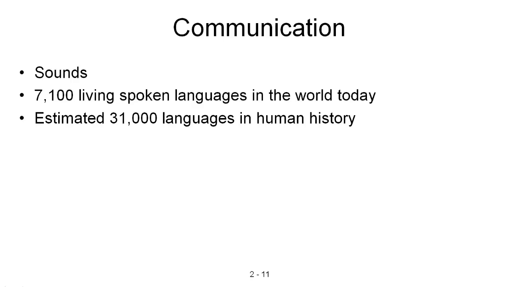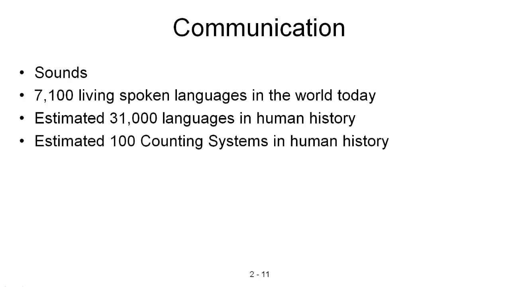So the words we use, tree, bush, car, these are the things that we want to use to represent our knowledge base. It's communication. And in the communication, we have about 100 counting systems. Over the course of humans, we use the base 10, and in computers, we use base 2, binary system.